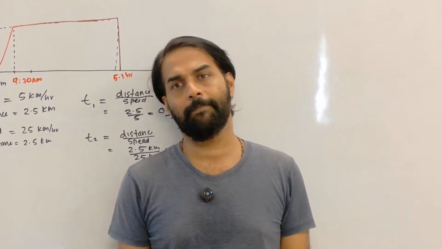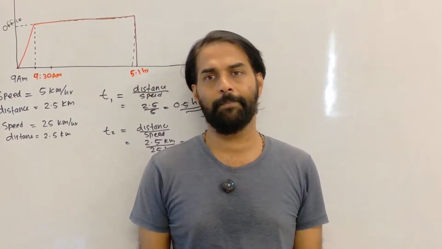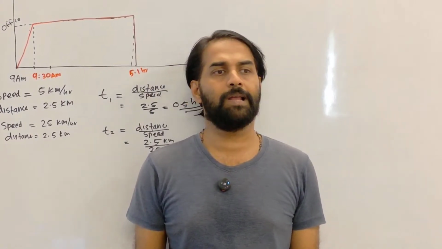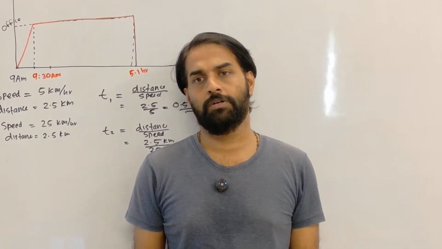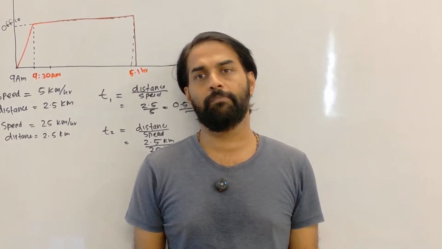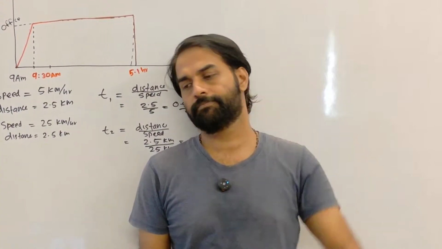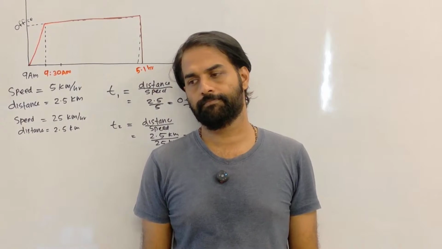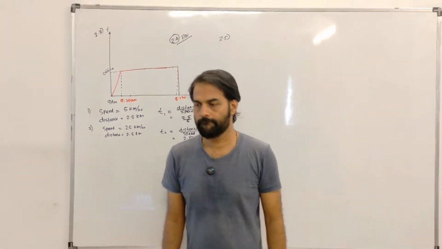So you can apply v square is equal to u square plus 2as. Okay? Understood? So apply that formula and find it out, and make sure that speed is not given in meter per second, convert it. Okay?